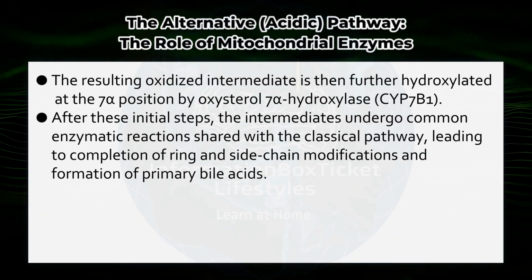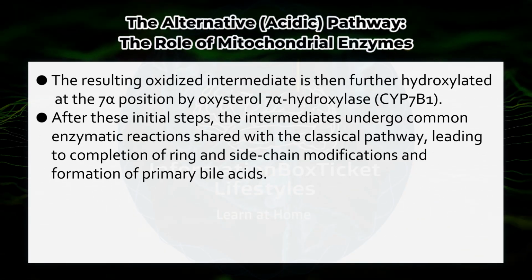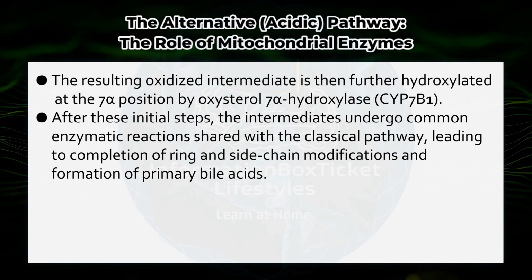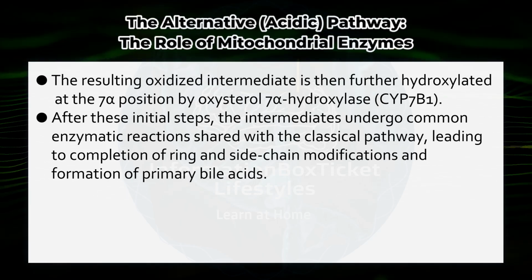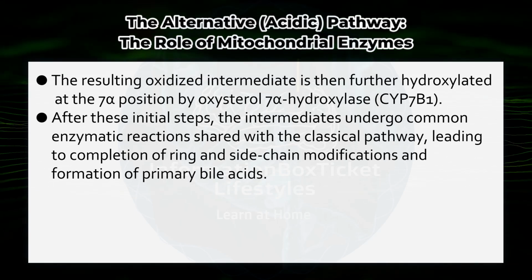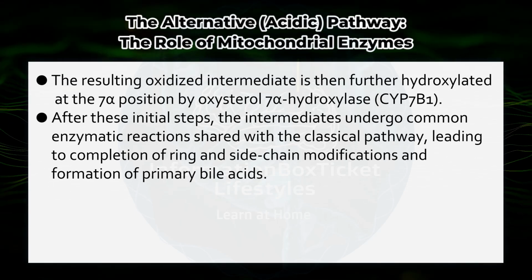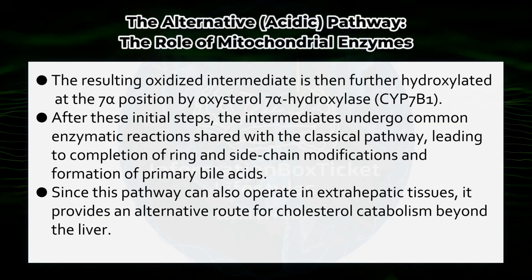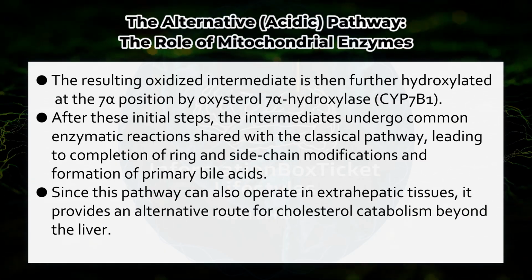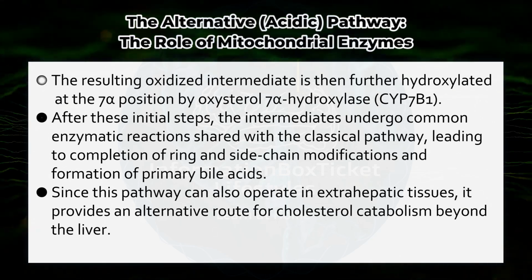After these initial steps, the intermediates undergo common enzymatic reactions shared with the classical pathway, leading to completion of ring and side chain modifications and formation of primary bile acids. Since this pathway can also operate in extrahepatic tissues, it provides an alternative route for cholesterol catabolism beyond the liver.